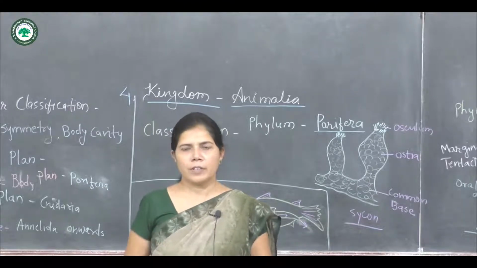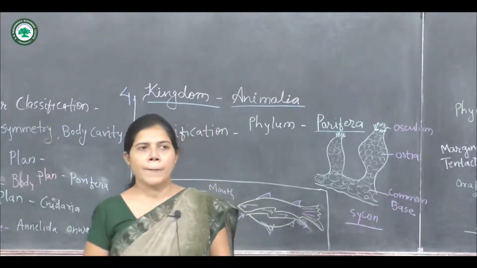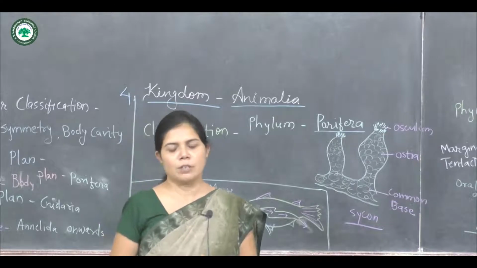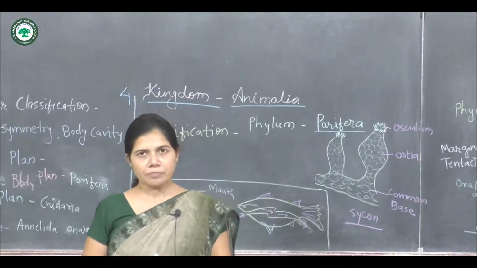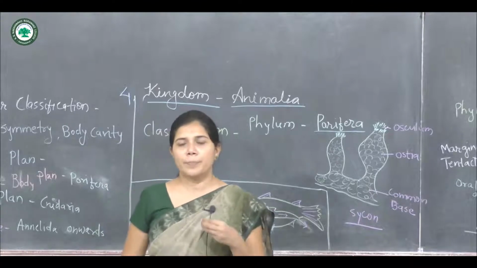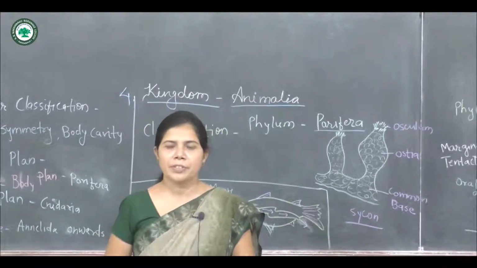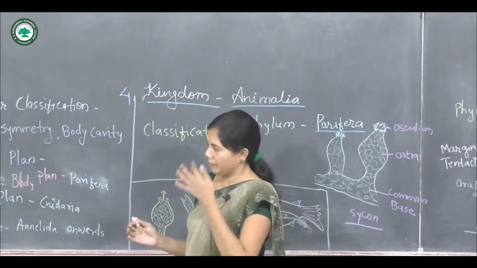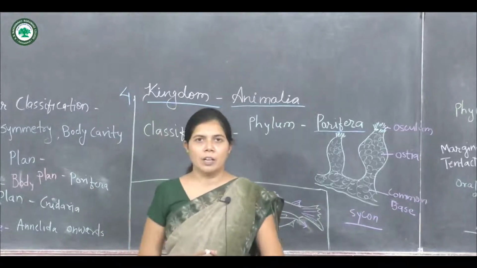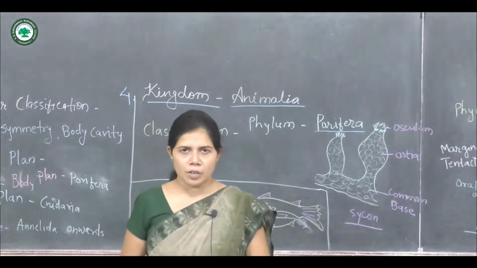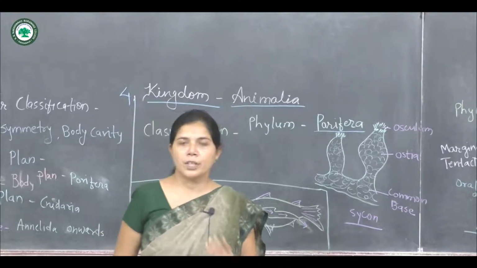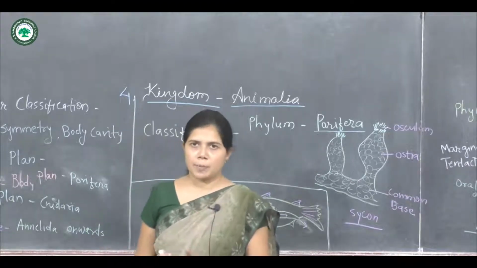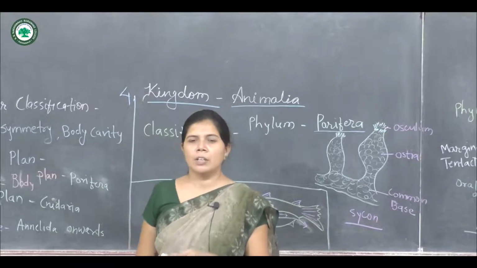Before we go to the different phyla, first we should be clear about the criteria used for animal classification, which means on which character the classification depends. The first is cellular organization: whether the animals are only cellular organized, or have a tissue system, or organs, or organ systems.